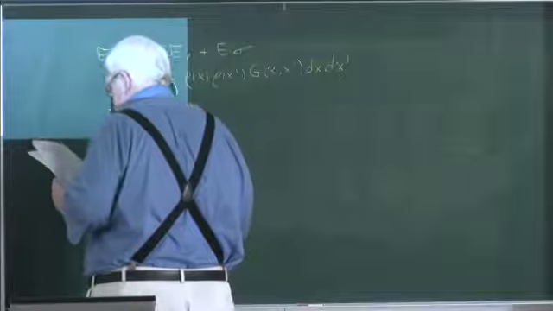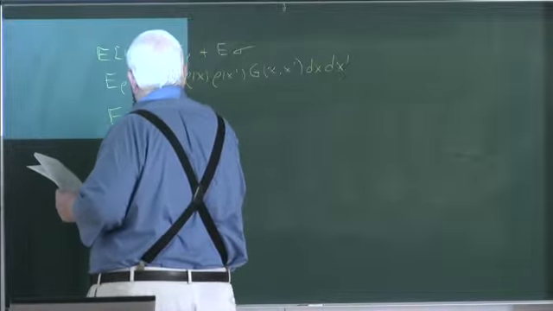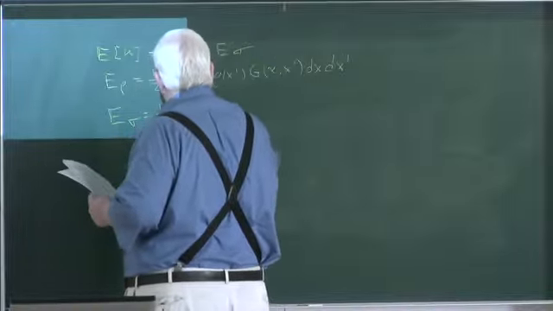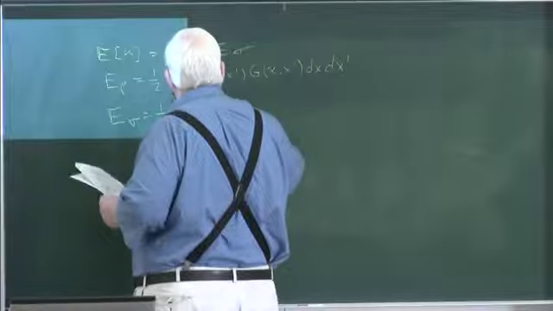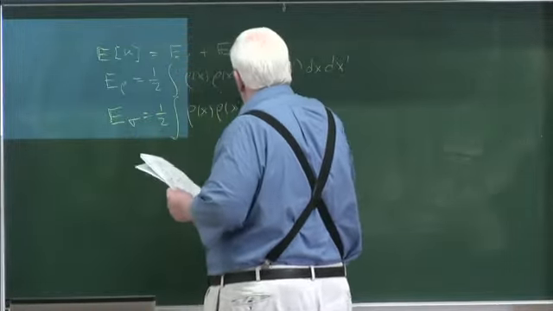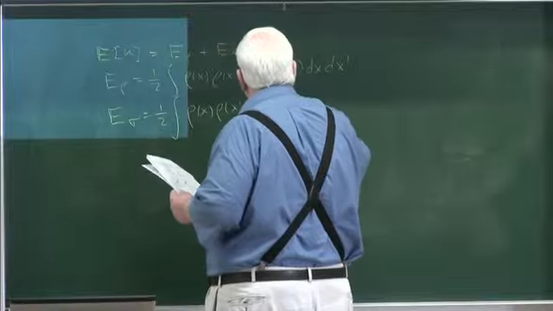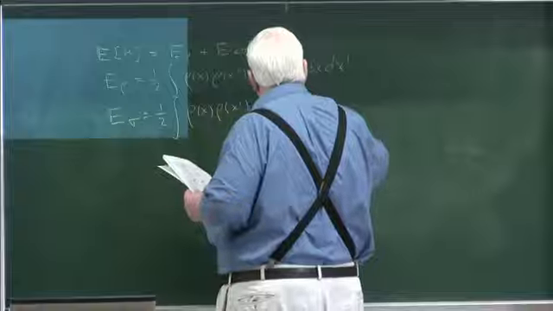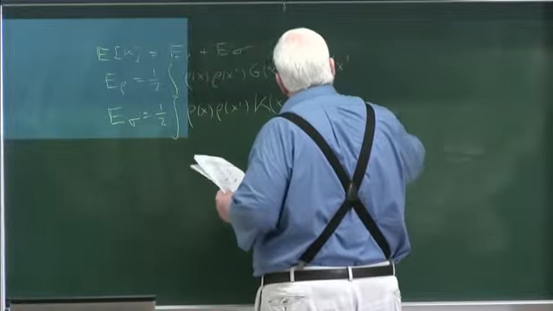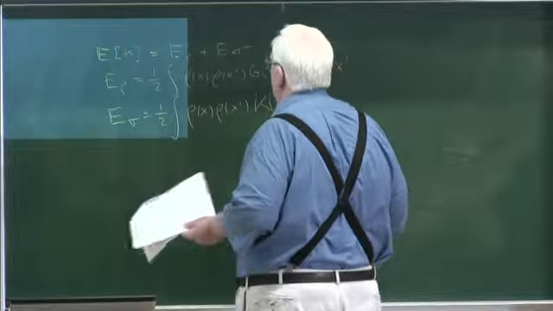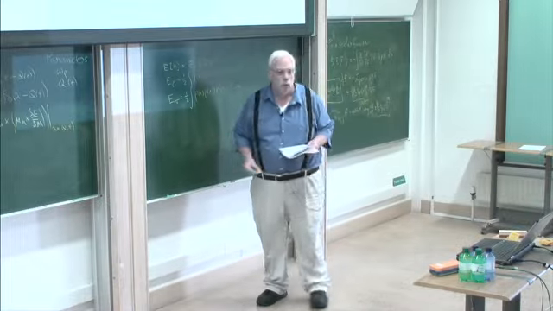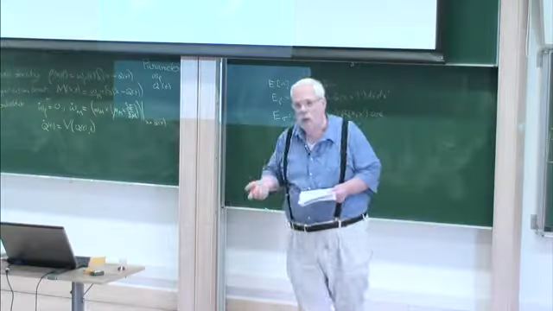E sigma is equal to 1/2 the integral rho of x prime, k of x and x prime, and then let's put in some feature which allows the particles to have M-fold symmetry.